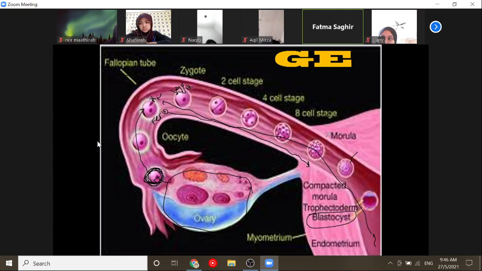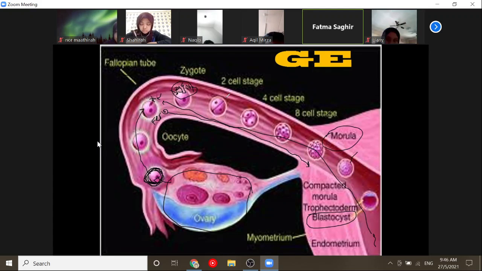First we get something we call the morula. Again, we have the zygote, one cell. This one cell will be divided by mitotic division, which means increasing the number only. Instead of one cell becoming two cells, there is still no change in the chromosomes.